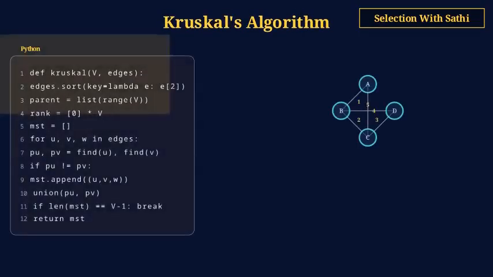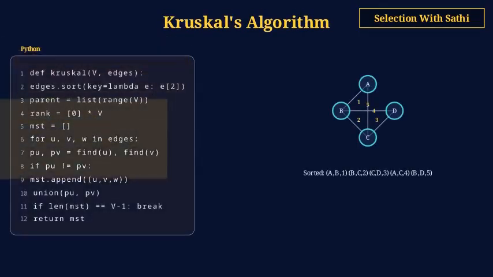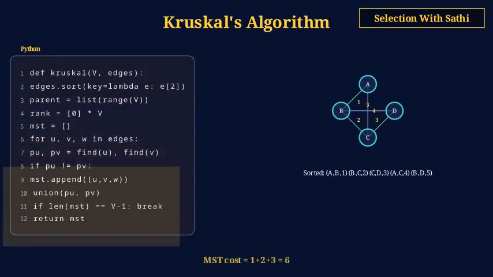Kruskal's algorithm takes a greedy, edge-centric approach. Look at line 2 first. Sort all edges by weight in ascending order. Lines 6 through 10 iterate through sorted edges. For each edge, check if adding it creates a cycle using union find.